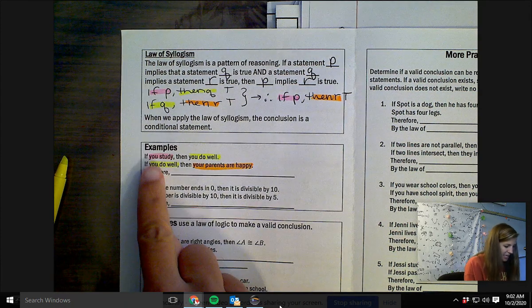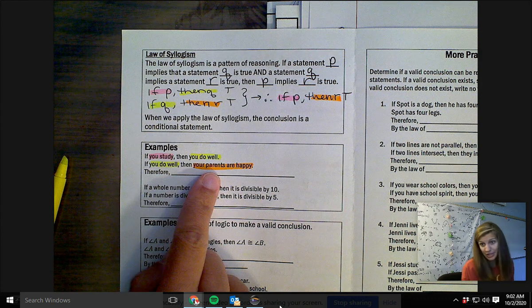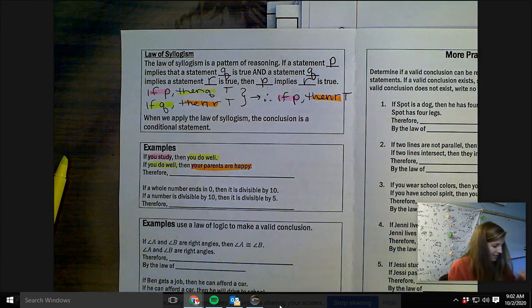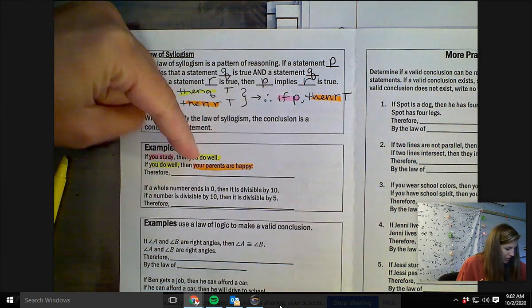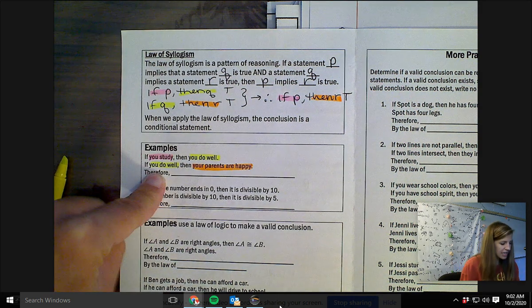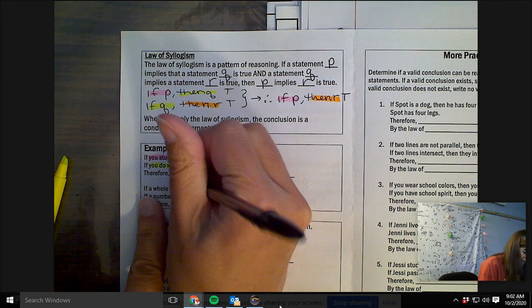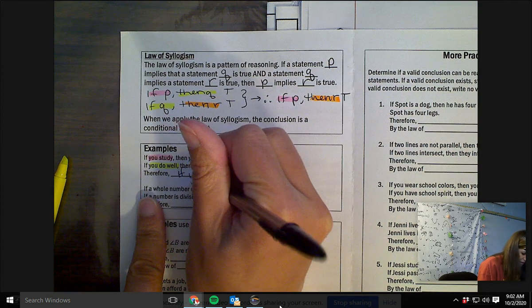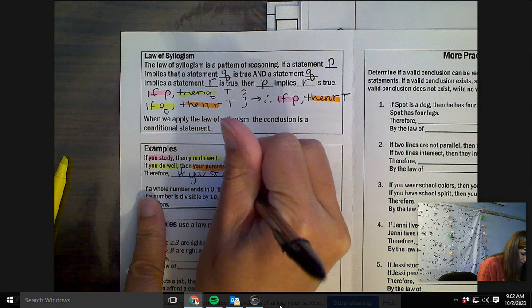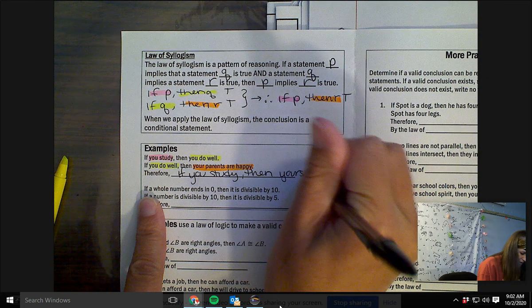Because if you study, then you do well, and if you do well, then your parents are generally happy, are two true statements, and because the conclusion of one is then the hypothesis of the next, I can therefore conclude a new conditional statement that if you study, then your parents will be happy.